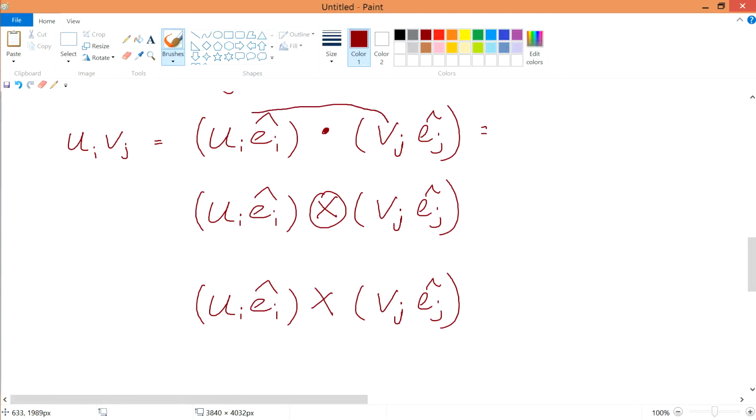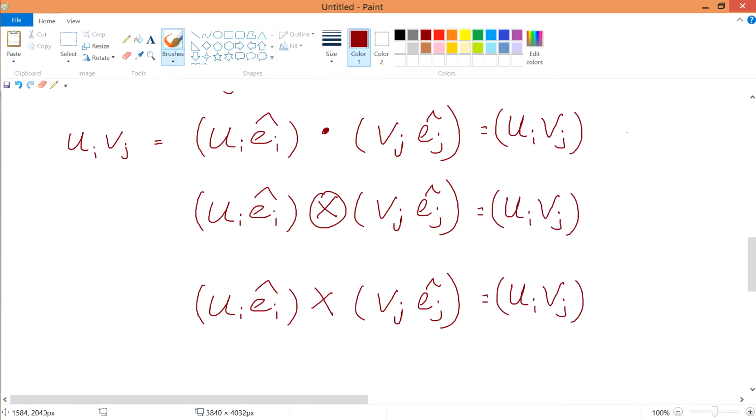Okay, so similarly, I can just sum, because vj and uj are just some components or multiplications or scalars, so I can group the scalars together. Similarly for the rest of the dyadic product and cross product, I can also sum it up together, right?